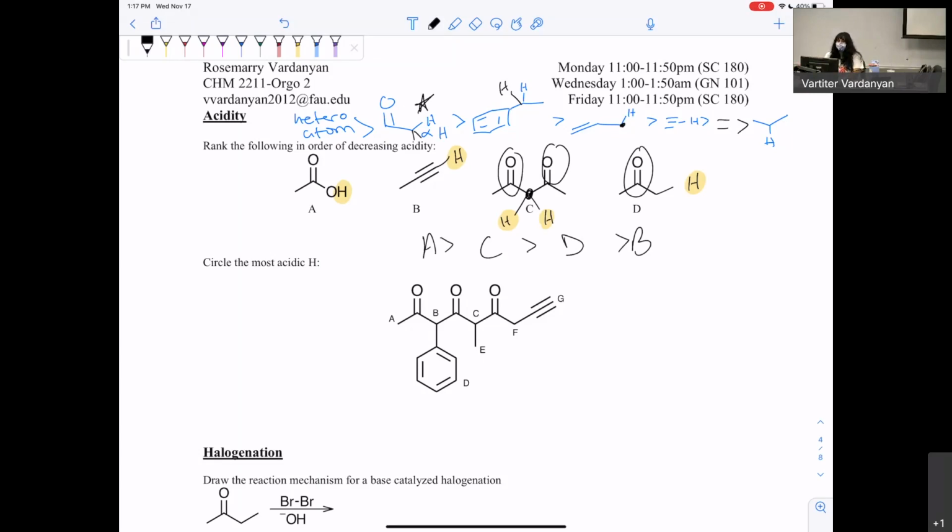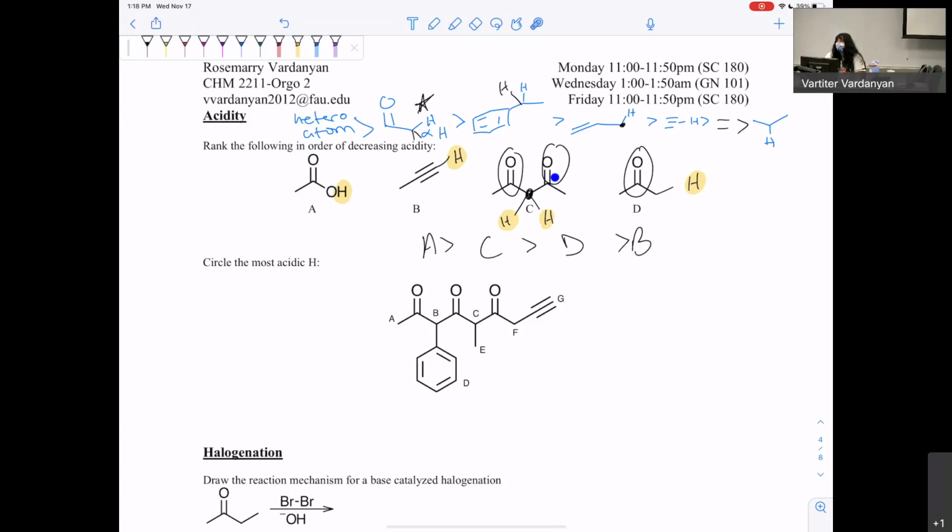I heard a couple people say, wait, what? Do you want me to re-explain? Okay, so the reason I put it in this order is the carboxylic acid has a hydrogen attached to an oxygen, which is also attached to a double bonded O. Super, super, super acidic. The heteroatom, yes. And then between C and D, those are the alpha positions, right? So this one in C has 1, 2 carbonyls.